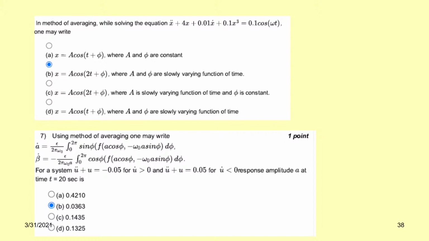Particularly this method of multiple scale is convenient or more accurate for a weakly nonlinear system or weakly forcing system. But you can use this method of averaging or Lindstedt Poincare method for any type of nonlinear system.